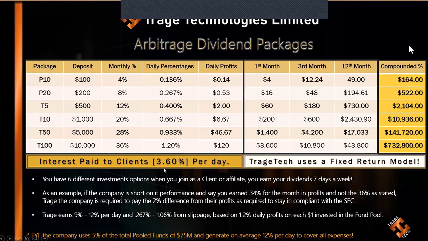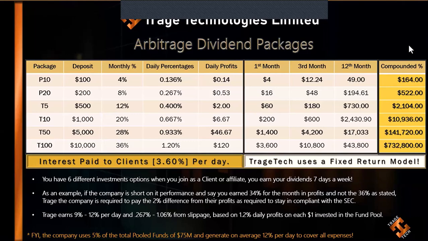So question, if you subtract 3.6 from 9, do you have more than enough for profit? If you subtract 3.6 from 12, do you still have enough for profit? The answer is yes, but watch this. Every dollar that goes into the fund pool always returns 1.2% because it's aggregated. That means it's combined.